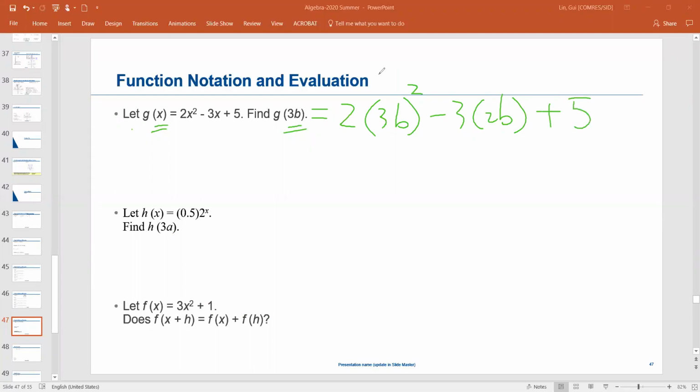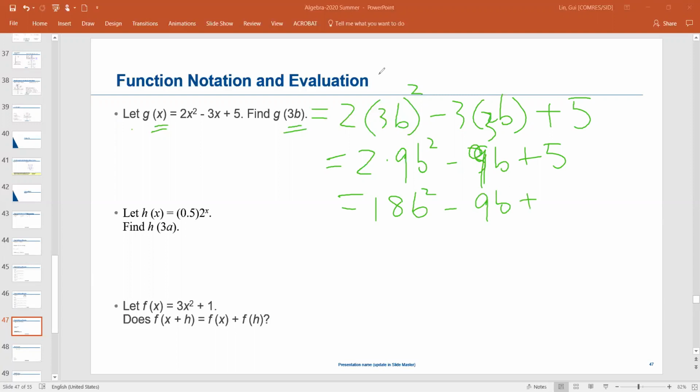And the rest format was not changing. 3b, here is 3b, sorry, I changed it to 2b. So here became what? 2 times 9b squared. Here became 9b plus 5, right? So here became 18b squared minus 9b plus 5. That's it. That's it. Right?